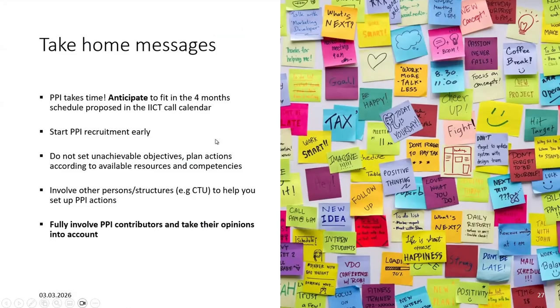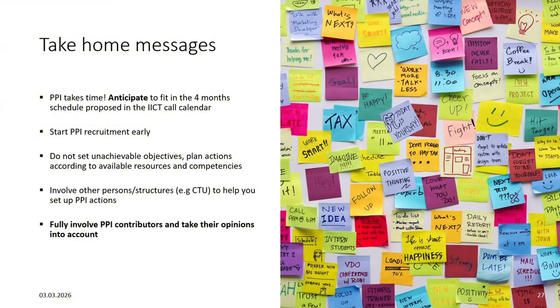So just some take-home messages. PPI takes time, if it's not tokenism, I mean. So anticipate, because you will have to fit in those 4 months that you will have for those IICT calls. So start PPI recruitment very early. Do not set unachievable objectives.